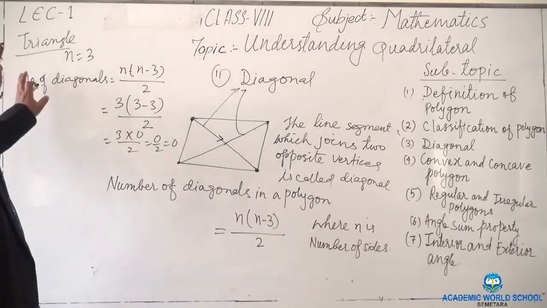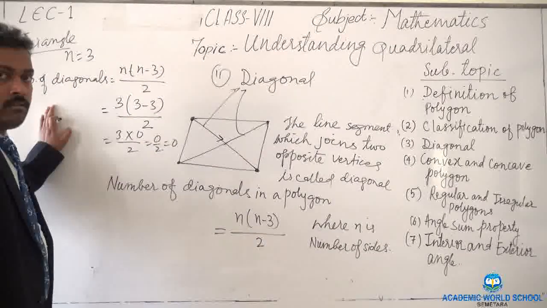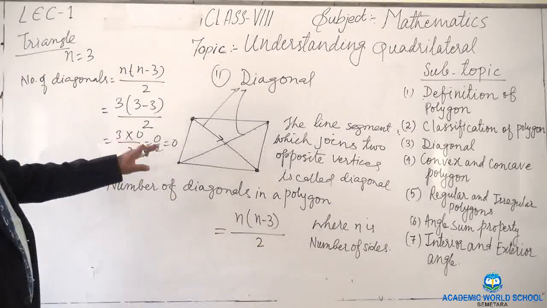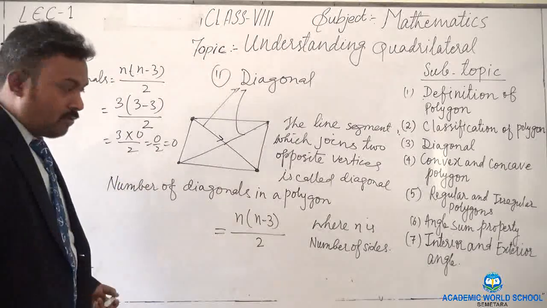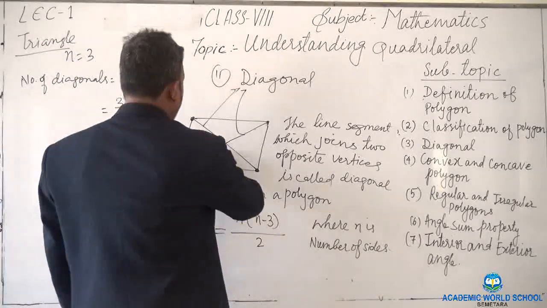See that? In a triangle, the number of diagonals is 0, which means in a triangle there is no diagonal.